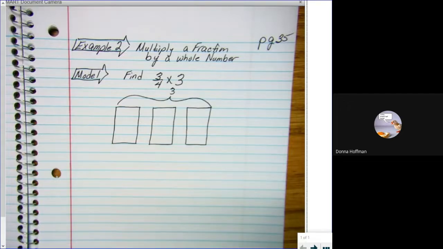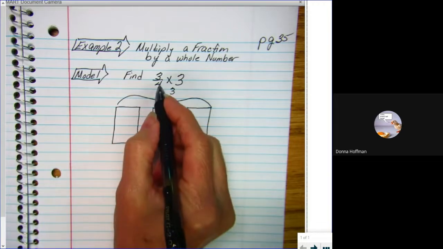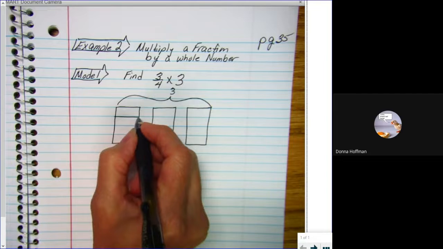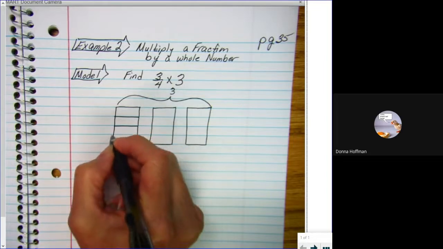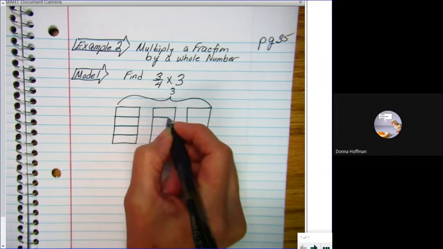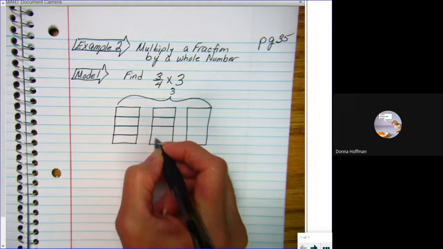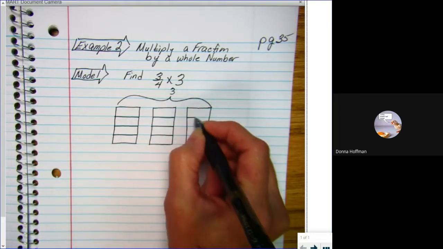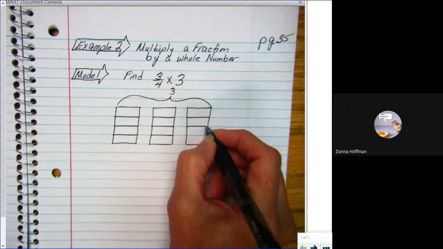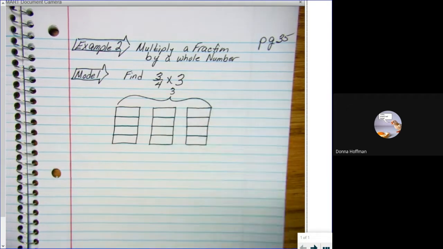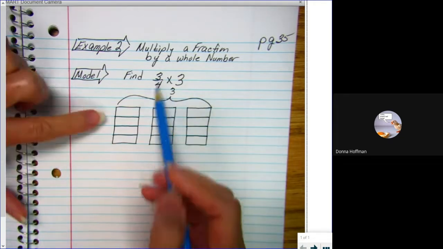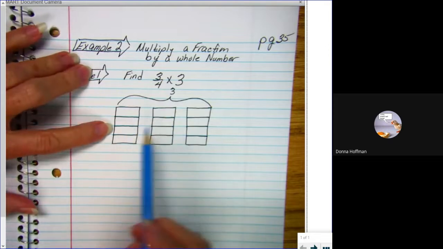Now I need to take those and cut them up into pieces of 4, because the denominator here is 4. Then I need to shade 3 of the 4 in each of the pieces.